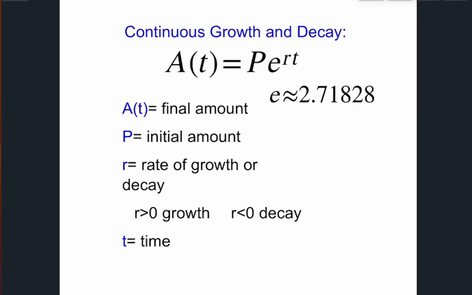So that happens sometimes in populations of some sort, biology, but it also happens in scientific applications of something that is decaying, like carbon decay, uranium, or some type of radioactive decay. So this formula shows up in lots of weird places that e pops in. Just like in circles, pi shows up a lot. In this PERT formula, e shows up in lots of weird places.